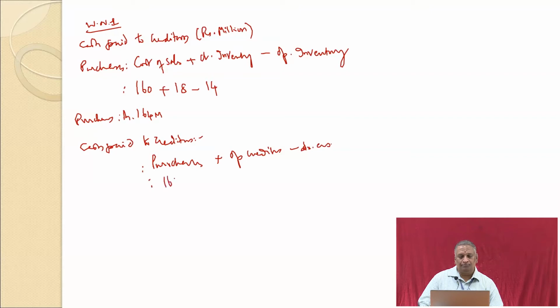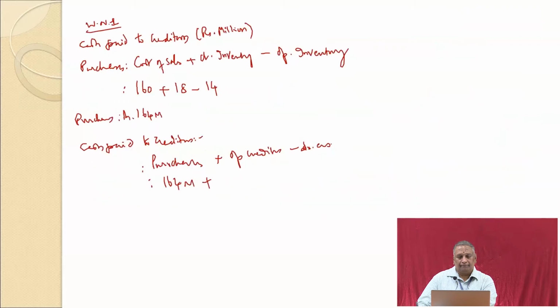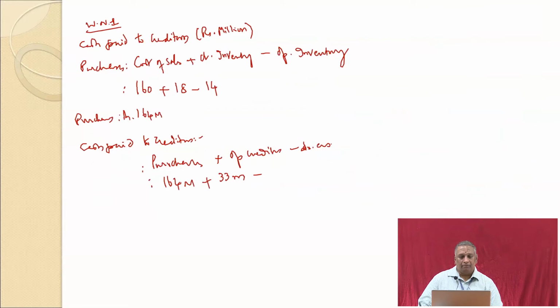So purchases, as we have calculated, 164 million, plus opening creditors given as 33 million, minus closing creditors, 30 million.